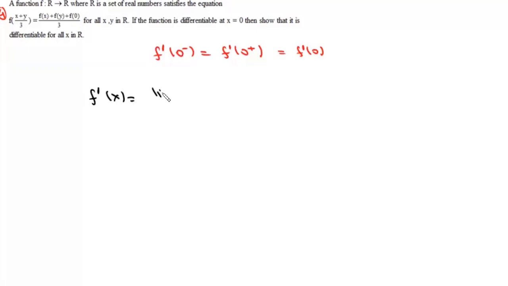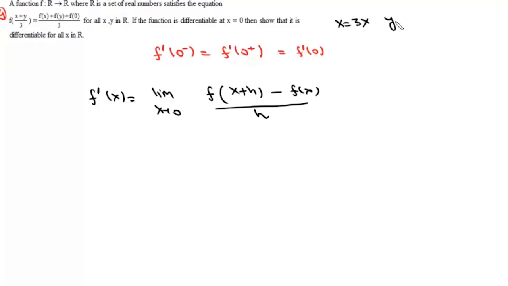Now f dash x will be this limit h tends to 0, f(x plus h) minus f(x) upon h. Now in this equation, what we'll do is we'll take x as 3x and y as 3h. Then we can write f(x plus h) will be (f(3x) plus f(3h) plus f(0)) upon 3.